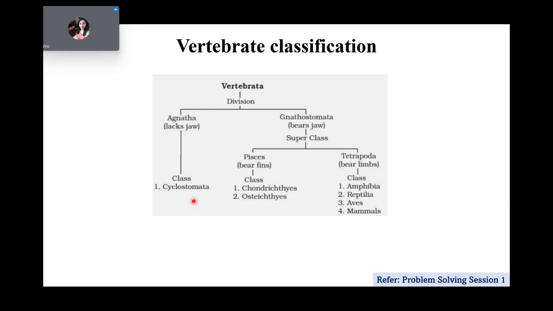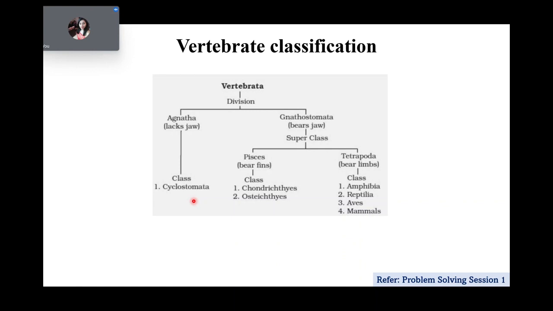Second was the theory of spontaneous generation or abiogenesis, where because of the observation of maggots on dead meat, it was said that dead meat can also give rise to living organisms.